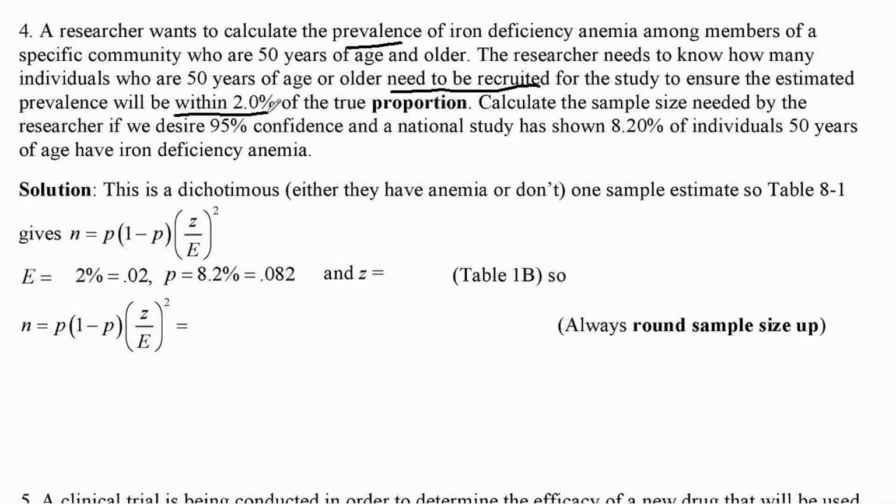So that's your margin of error within 2%. Calculate the sample size if we desire 95% confidence. And then the national study showed that 8.2% of individuals age 50 and over had iron deficiency anemia. So this was the previous study.